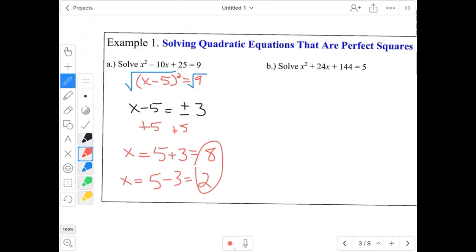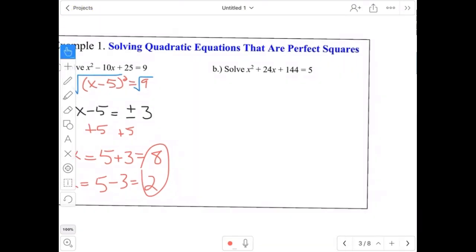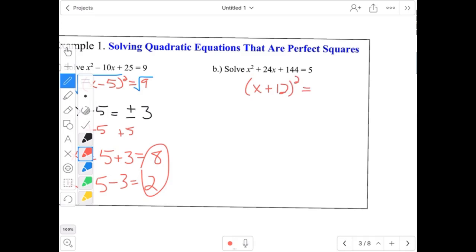All right, now if we take a look at this other one over here, we're going to essentially do the same thing. We want to take that x squared plus 24x plus 144 and factor it down into that binomial. So that'll end up being x plus 12 squared is equal to 5.